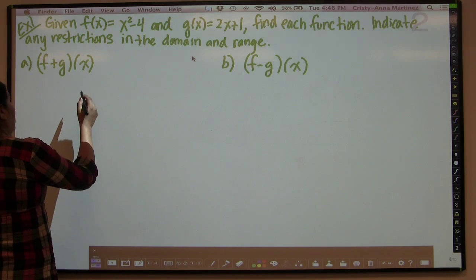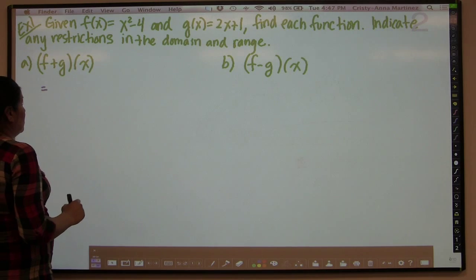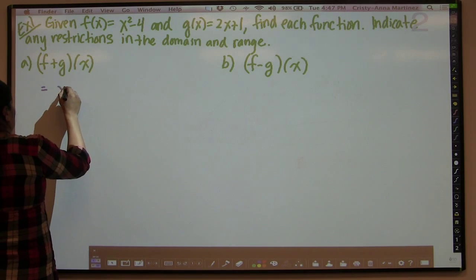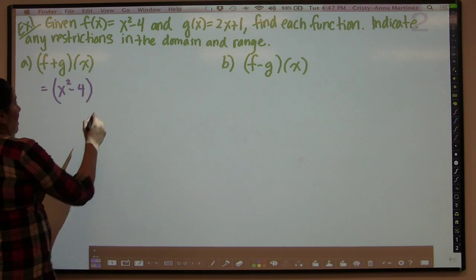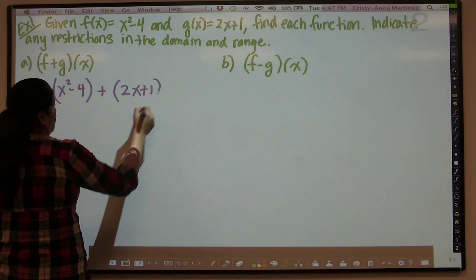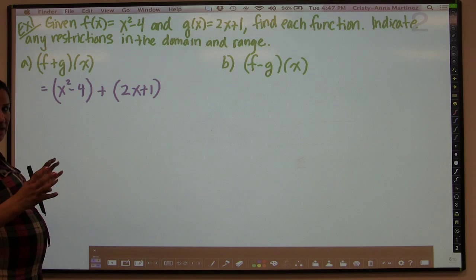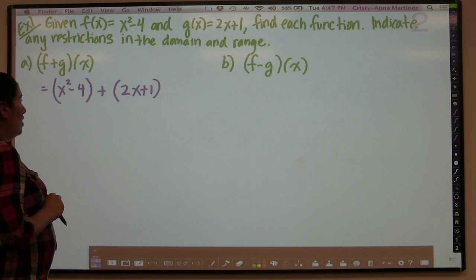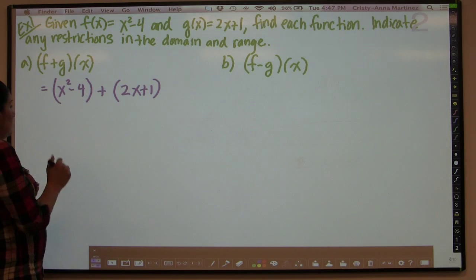Like I said before, it's a lot easier if we rewrite f plus g of x into the notation of f of x, which is x squared minus 4. That's the f function. And add it to the g function, which is 2x plus 1. There's not necessarily a need for the parentheses. I'm just showing you that that's the entire function. When you're adding the two functions together, all you want to do at that point is combine any like terms.